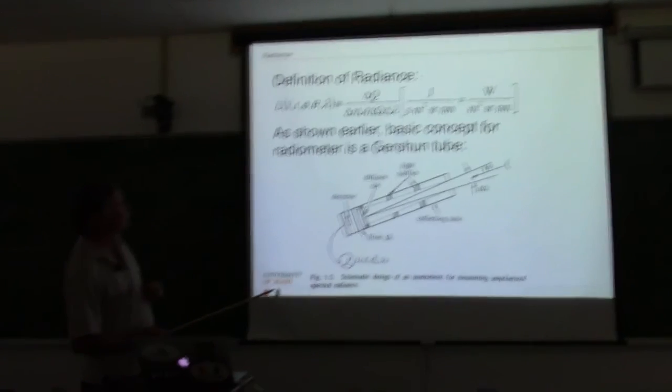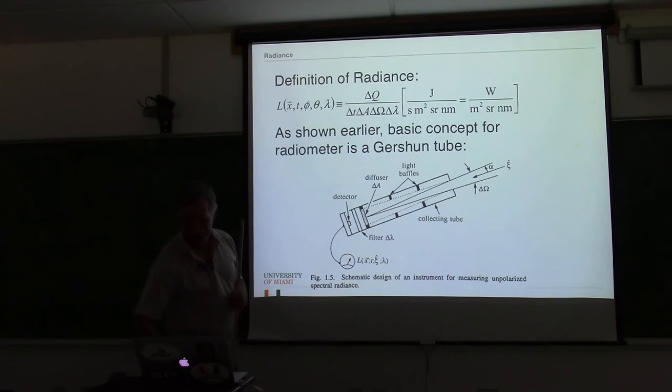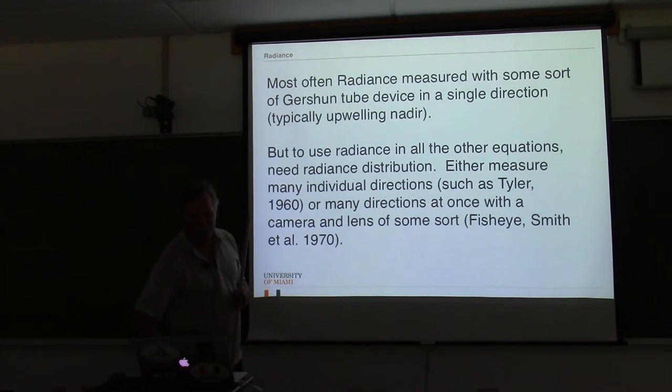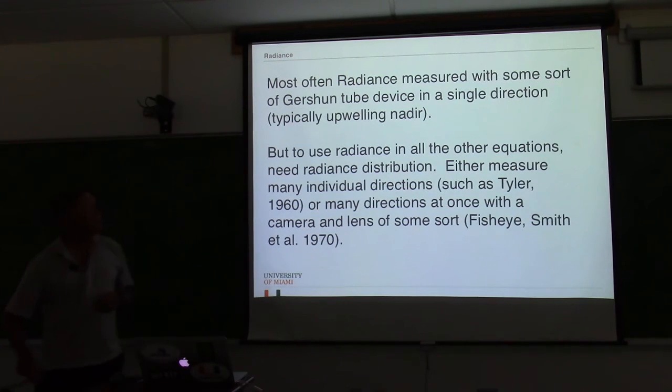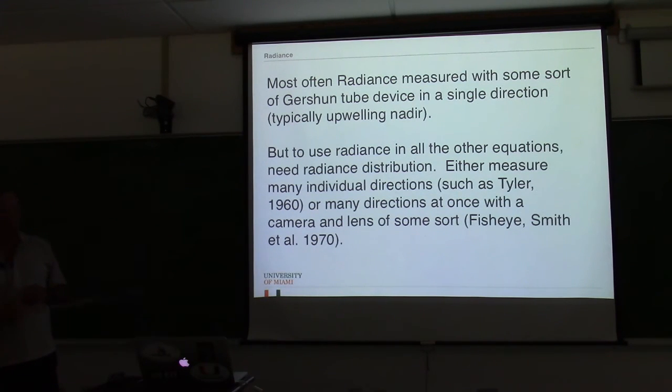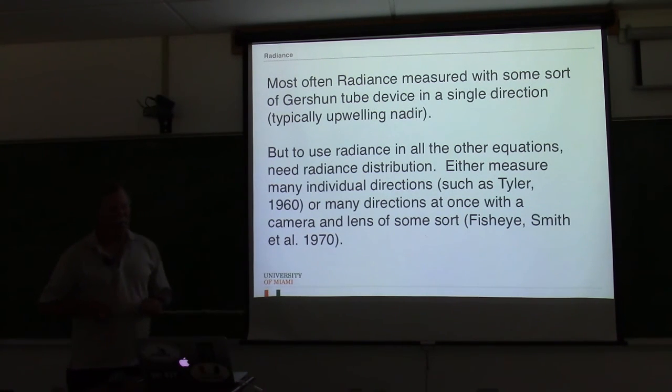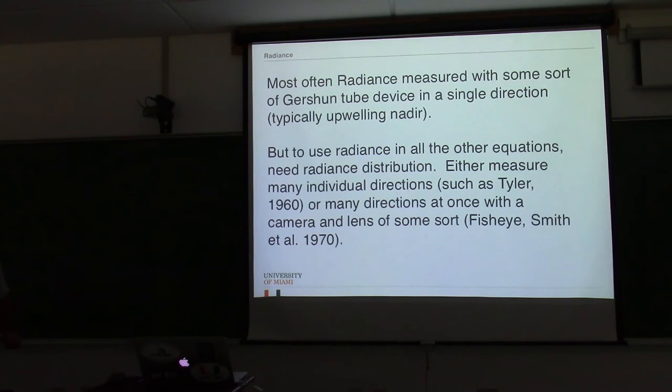Most often we measure radiance with something like a Gershun tube. There might be a lens in there to define the angular distribution a little bit better. I didn't bring the radiance detector in. But typically what people do is measure the upwelling radiance at one angle, typically nadir, just coming straight up.